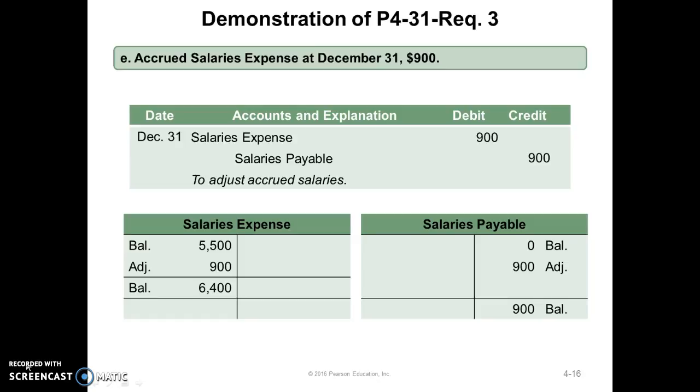We wouldn't want the company to have a big salaries expense at the end. So we're adding the 900, that little bit towards the end of the year that we didn't get a chance to pay out. And so that salaries expense goes from 5,500 to 6,400 because of the 900 that we kind of owe towards the end of the year.